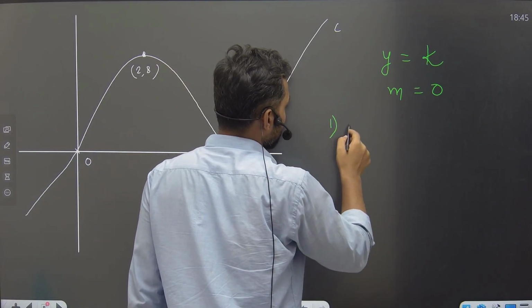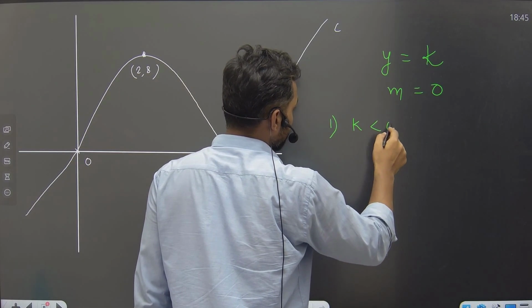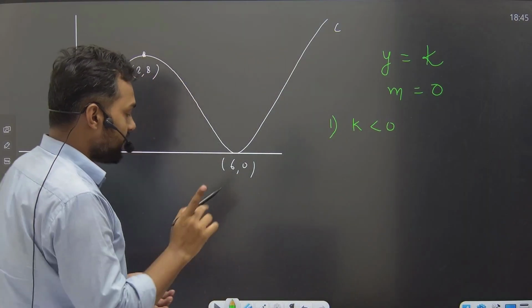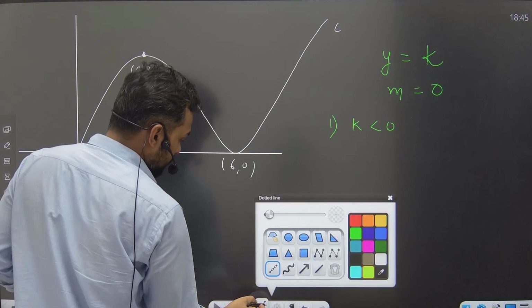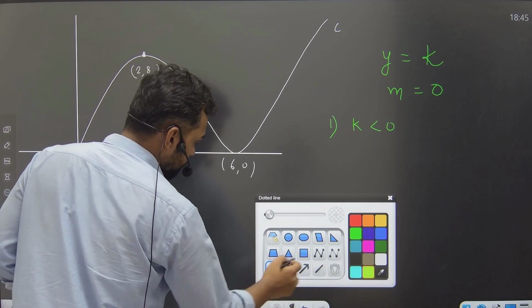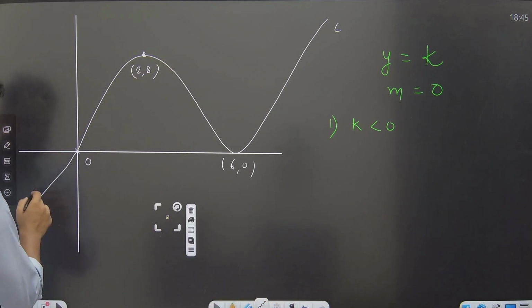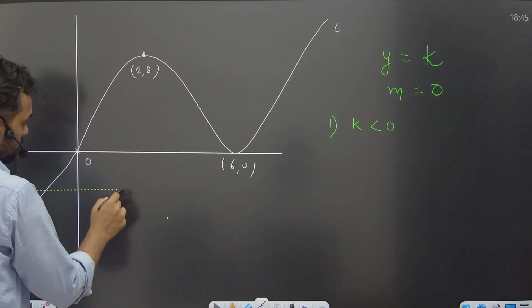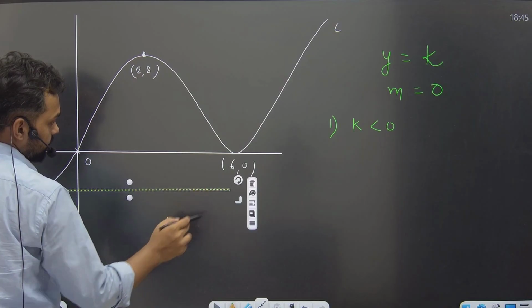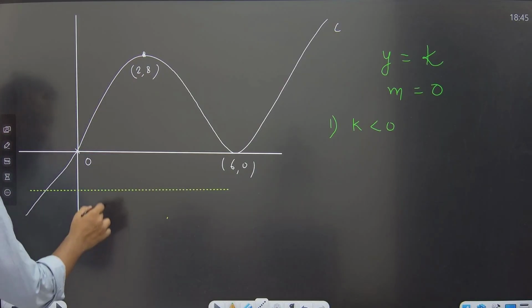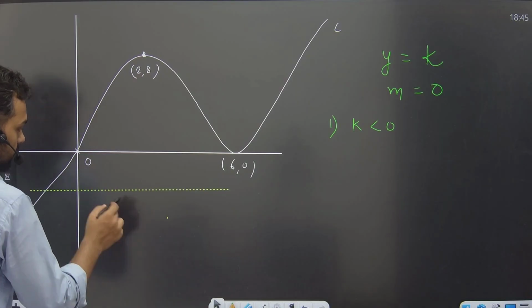First case is k is less than 0. If k is less than 0, where will we find the line? This will be the line.